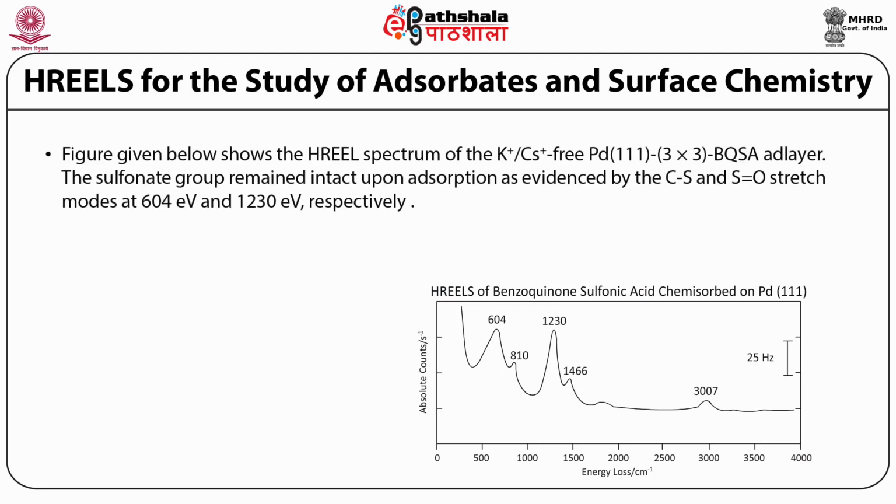This figure given below shows the HREEL spectrum of potassium and cesium plus free palladium 111 3x3 BQSA layer. The sulfonate group remains intact upon adsorption, as is evidenced by the C–S and S=O stretch modes at 604 and 1230 milli-electron volts respectively.